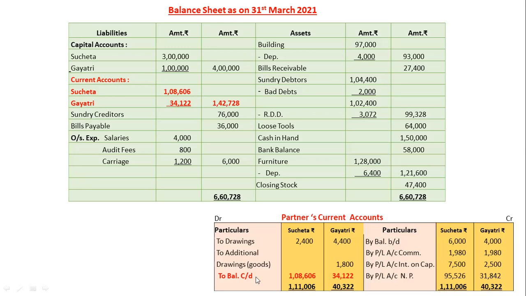This is the balancing amount of partners' current account, which is shown in balance sheet liability side. See in red color, partners' current account, Sucheta 1,08,606, Gayatri 34,122.